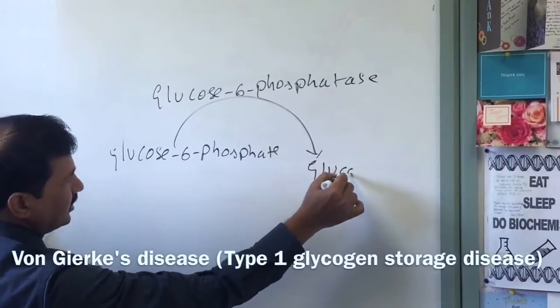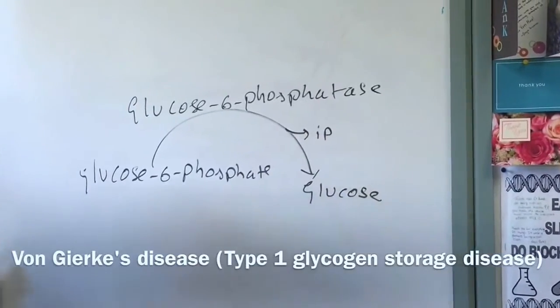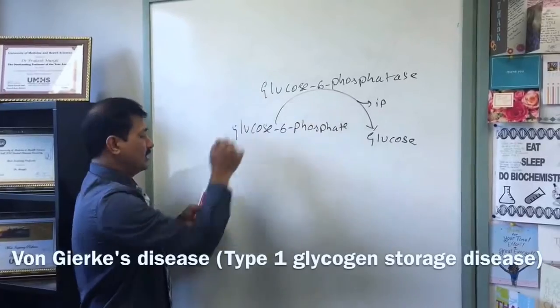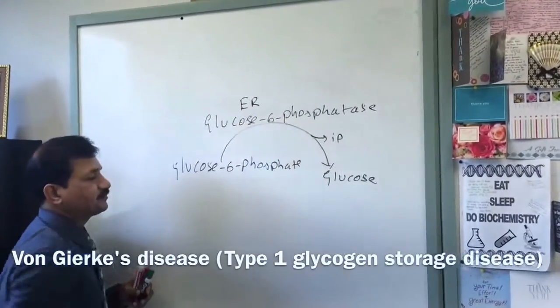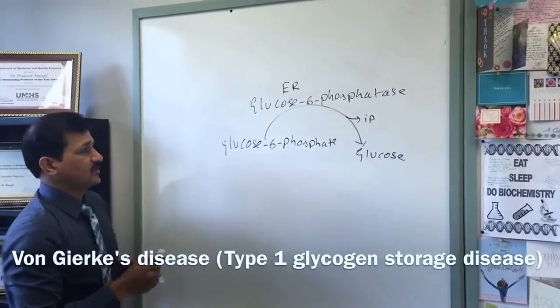It's a simple job. It releases inorganic phosphate and converts glucose 6-phosphate into a glucose molecule. This enzyme is located in the endoplasmic reticulum. What happens if there is a deficiency of glucose 6-phosphatase enzyme?